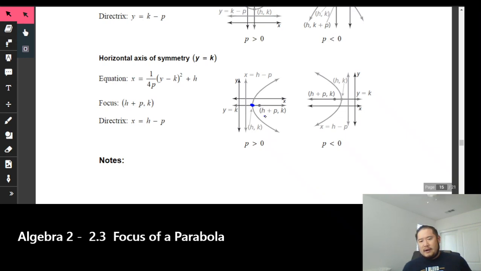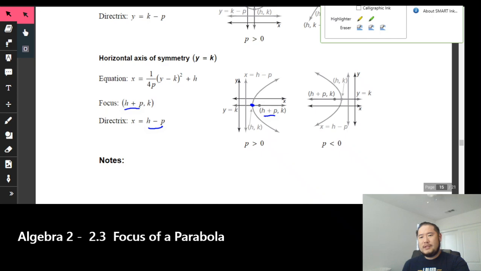Or sorry, our value of h, we add p to it or subtract p for the focus and the directrix. The value of k is what stays the same because remember, we are moving it left to right along that horizontal line. So h plus p for the focus, h minus p because it's directly on the opposite side of the vertex.